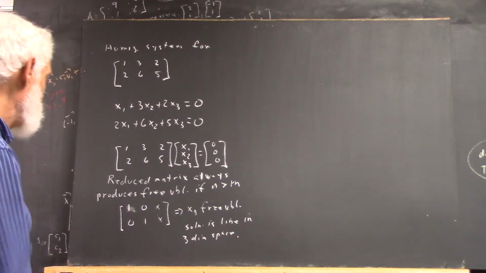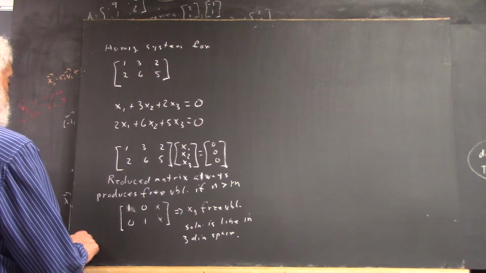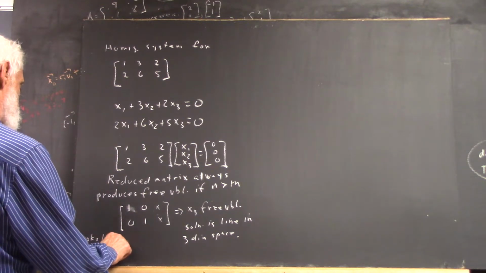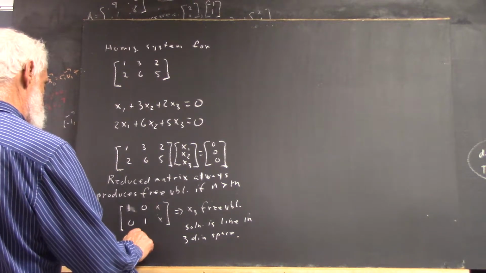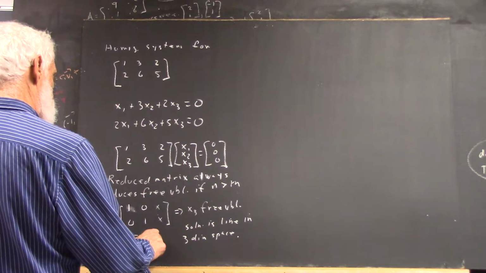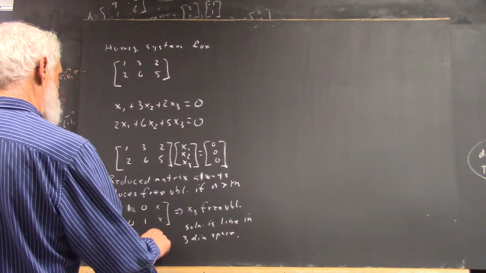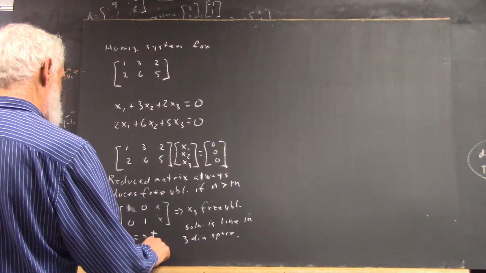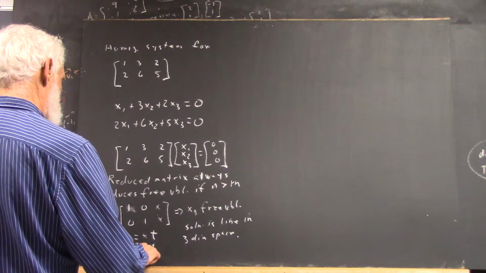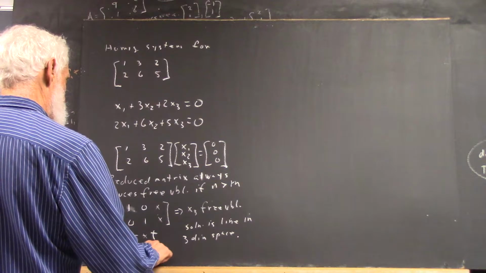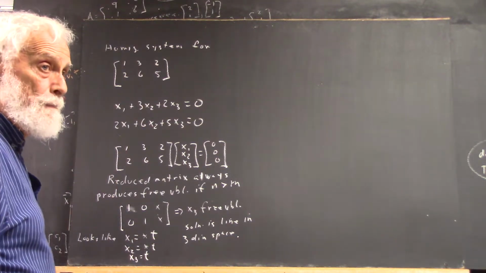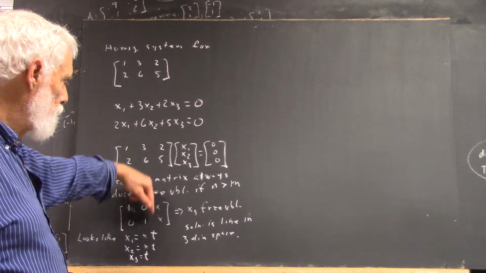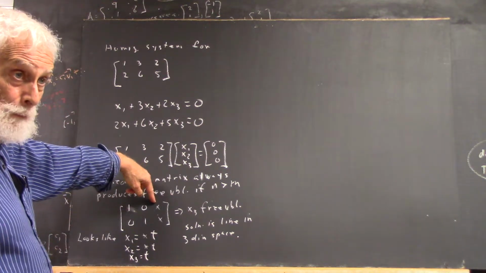So it's going to look something like, okay. X1 is going to be a multiple of t, which will be the coefficient will be the negative of whatever this thing is, right?